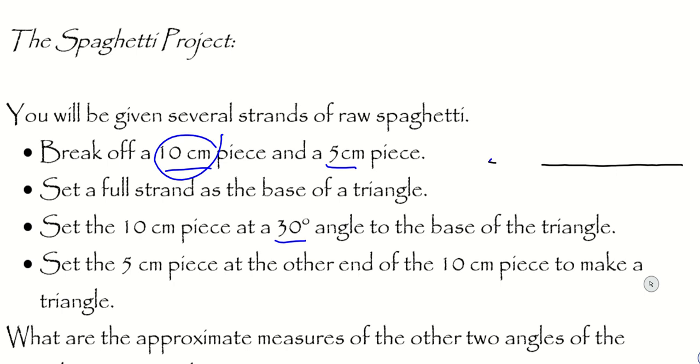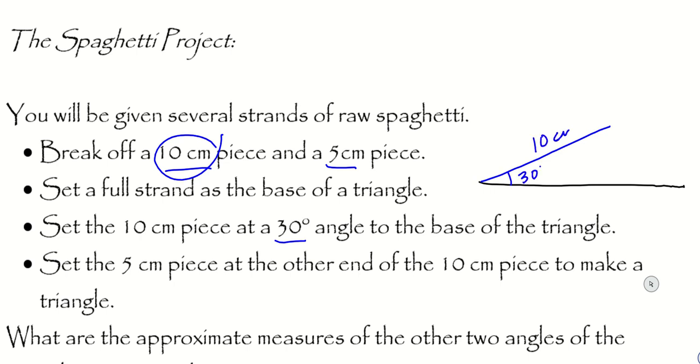Let me start over here. So I've got my base of my triangle, and then I've got my 30-degree angle with a 10 centimeter piece. So this is 30 degrees, and let's say this is 10 centimeters.